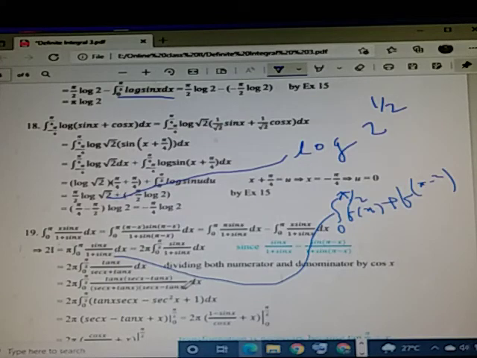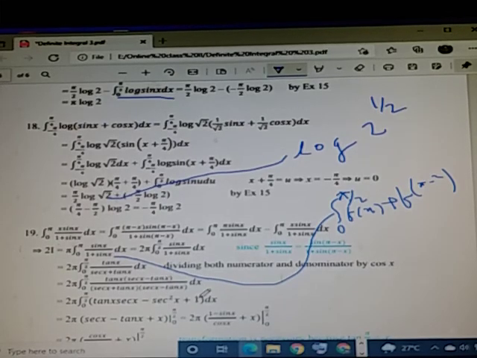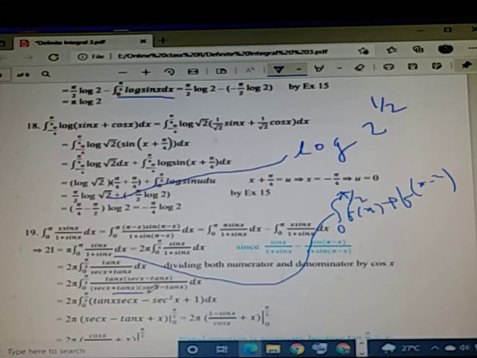After simplification, the denominator sec square x minus tan square x is 1, so only the numerator remains. So the simplification is tan x into sec x minus tan square x, and in place of tan square x you write sec square x minus 1.